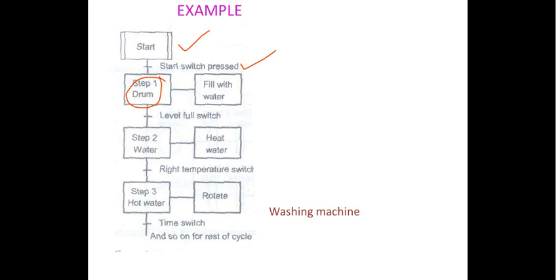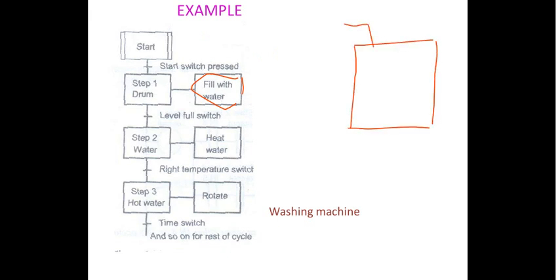There should be a water level indicator here which operates once the drum is filled with the desired amount of water, right? And that serves as the second transition, or the input for the transition in the second step. That is the level indicator, the water level indicator.